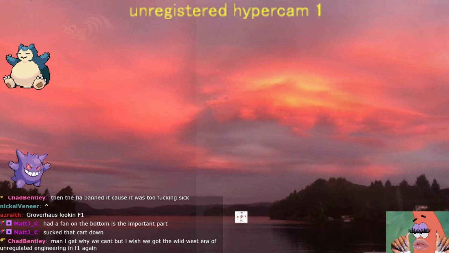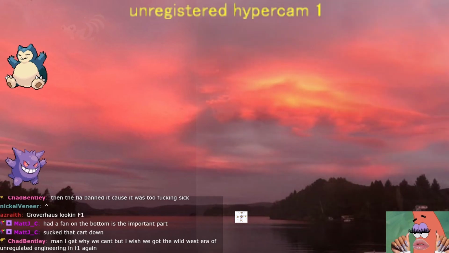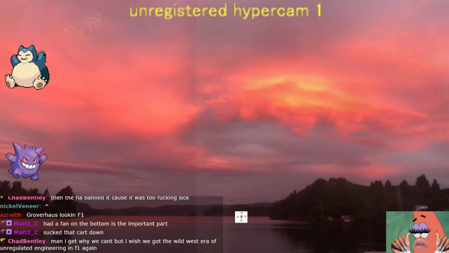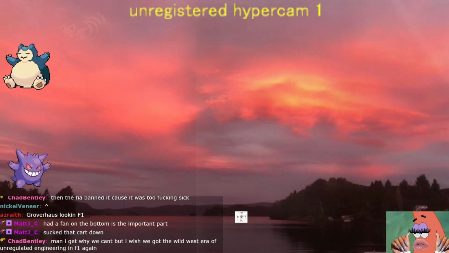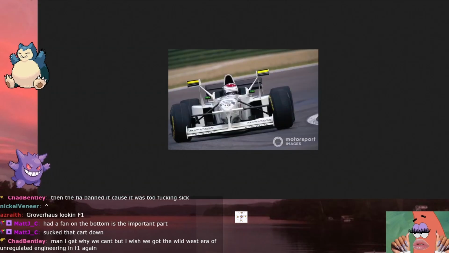Yeah, cars got pretty crazy for a while. What were they called? F1, were they called X-Wings? Little baby wings? Yeah, these were hilarious. They had these little wings that just sat up here. These little tiny baby wings that stuck off the side of the car.